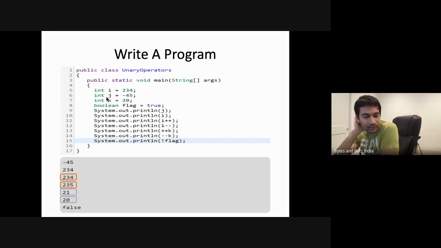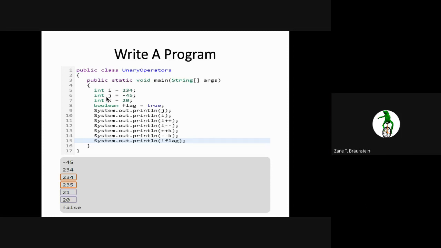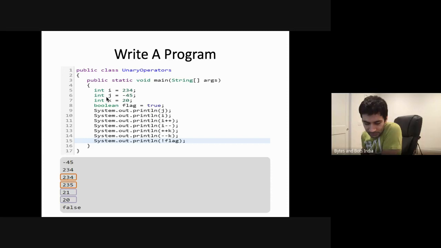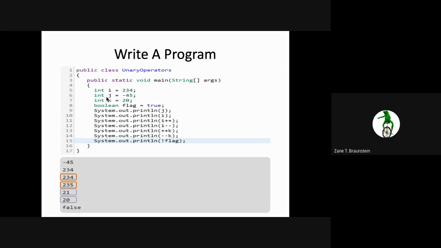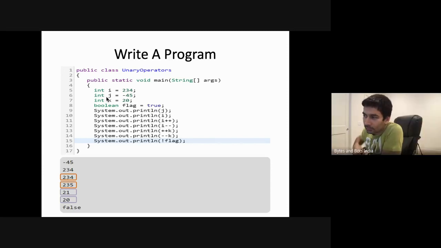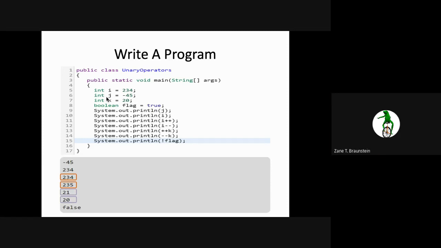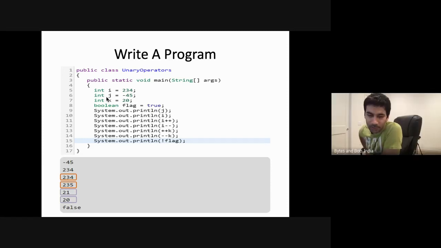Okay. Right? So, sorry, go ahead. I have a question. Yes. So when you print plus plus k, that actually changes the value of k? When you do print plus plus k, it will first change the value of k, and then pass it as a parameter to print.